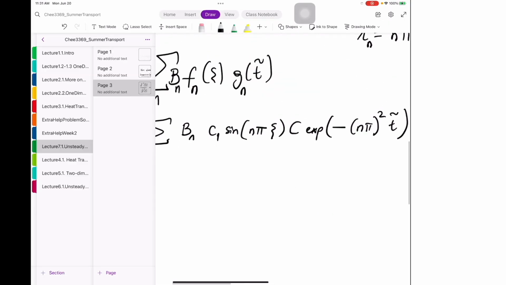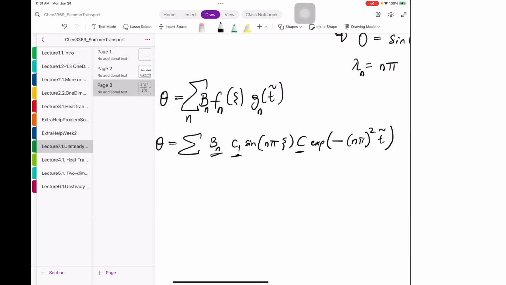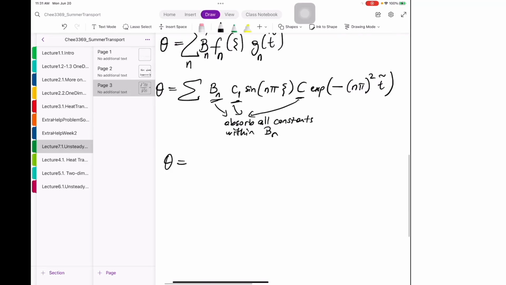And one more thing. This is all constant, right? So why don't I just absorb all constants within B n. My solution should look like the sum over n of B n sine n pi psi exponential minus n squared pi squared t tilde.